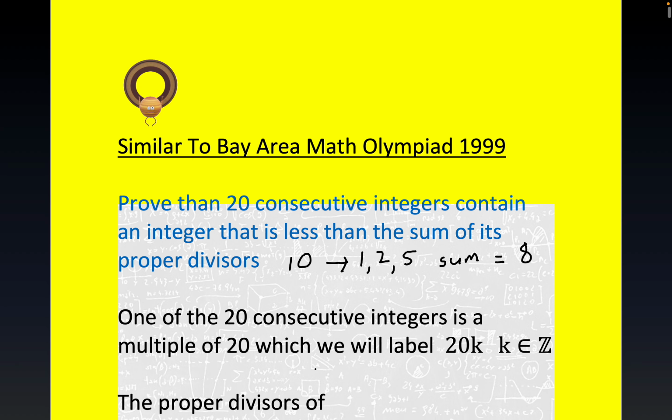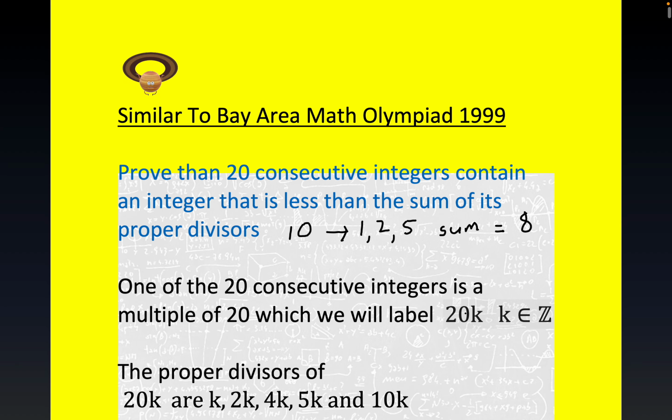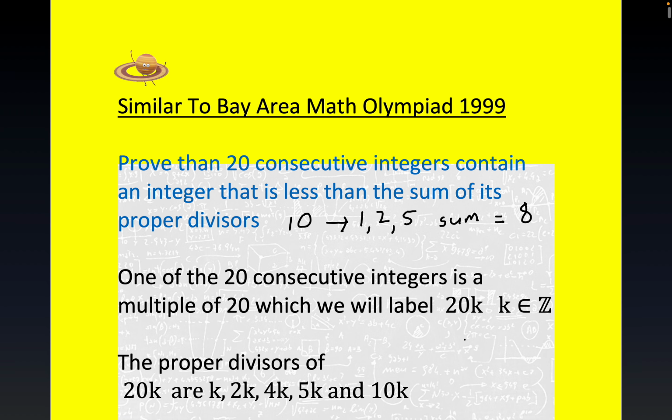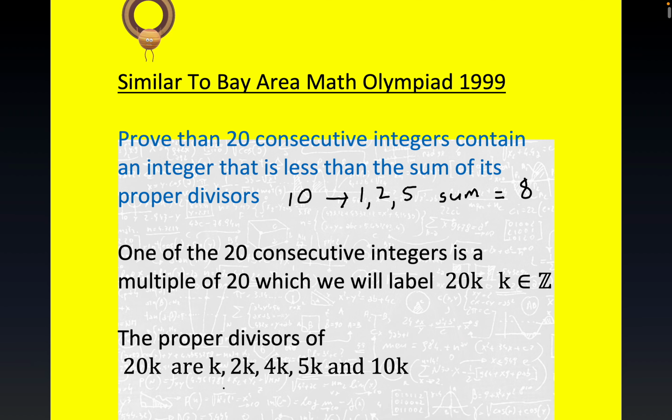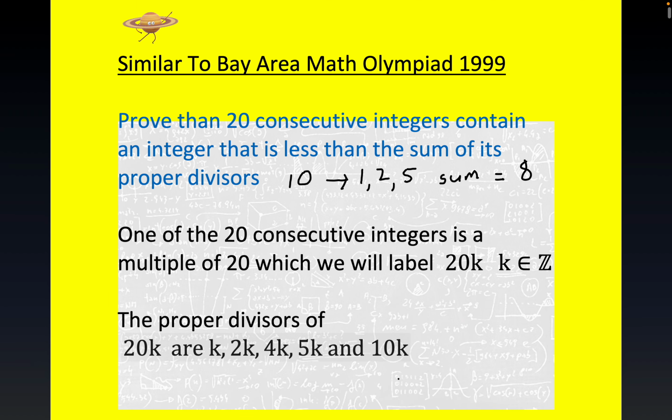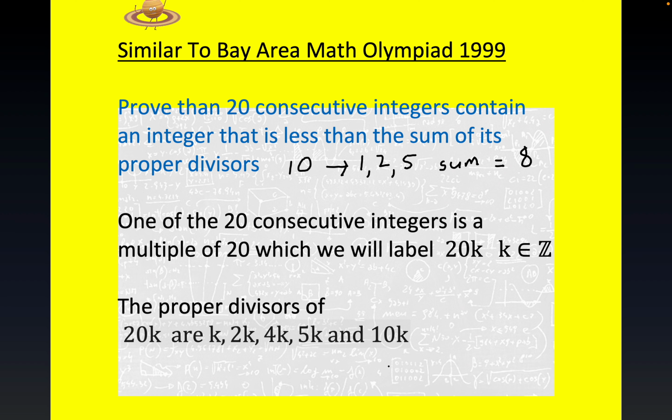Okay. Now, we're going to call that one 20k. All right. Now, the proper divisors of 20k, you can just see them here. We have k, 2k, 4k, 5k, and 10k. Okay, well notice that these sum up. The sum of this would be what? 3k, 7k, 12k, 22k.